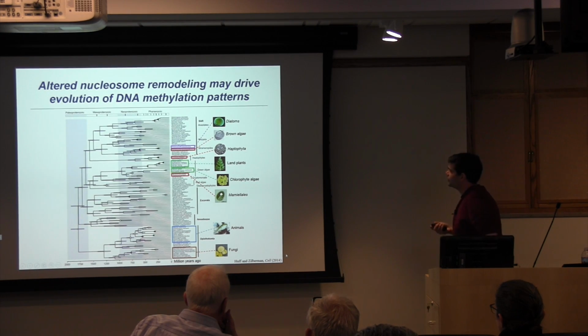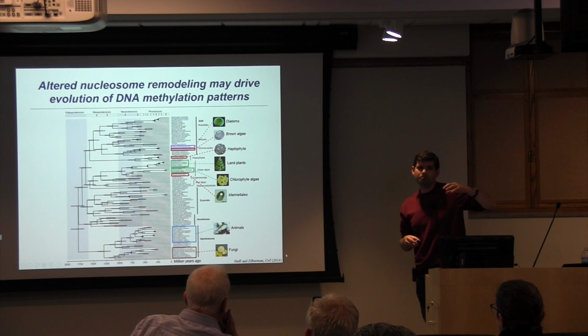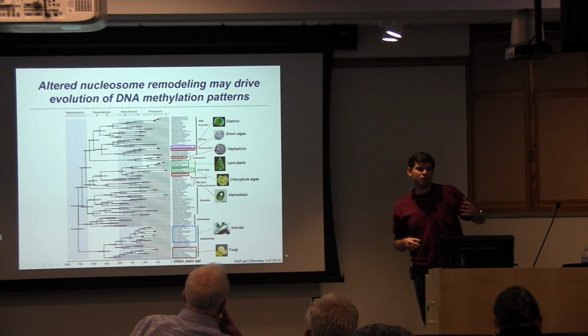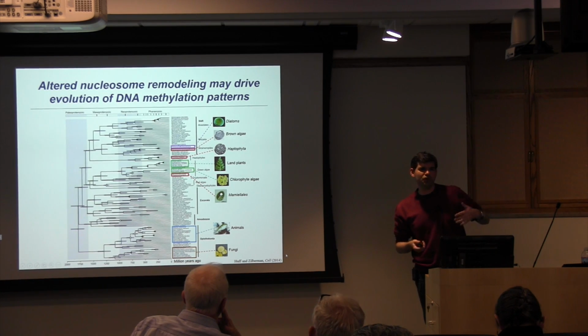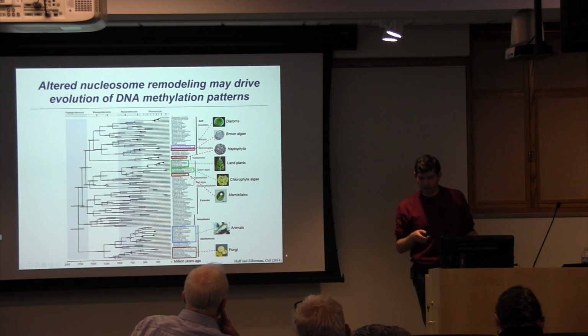What was very puzzling was that this linker-specific pattern of methylation was interspersed with species which didn't have it. It wasn't confined to one particular part of the tree.